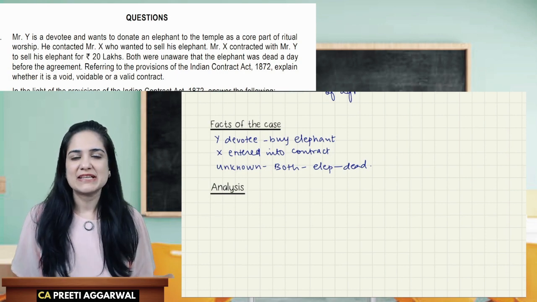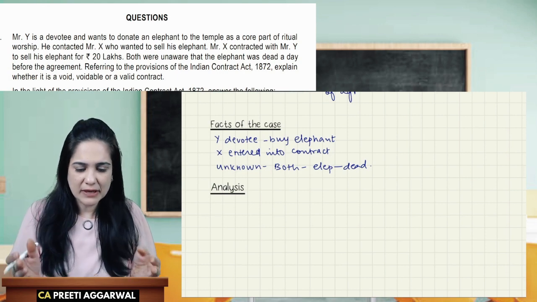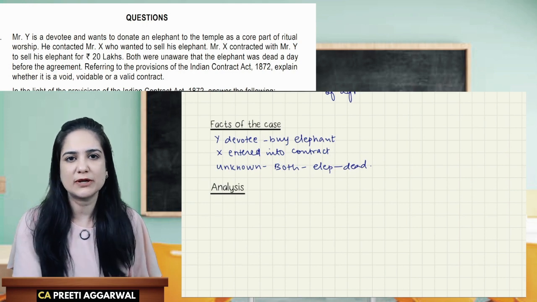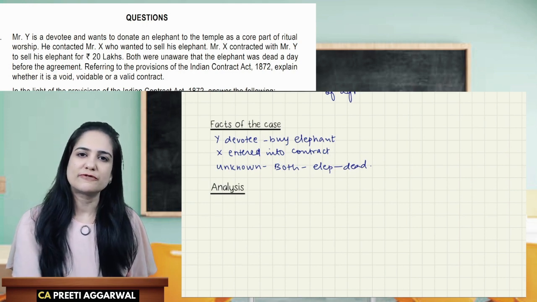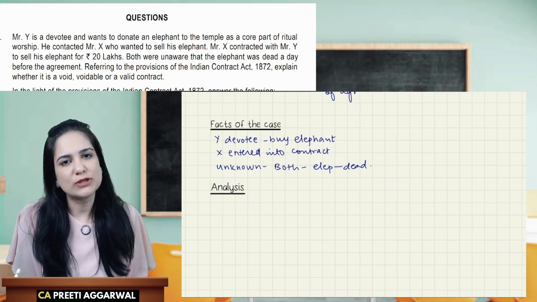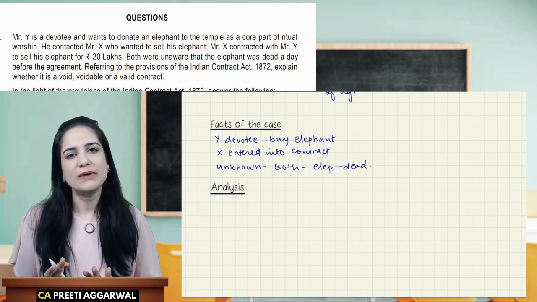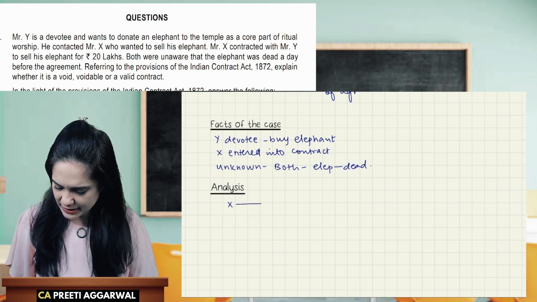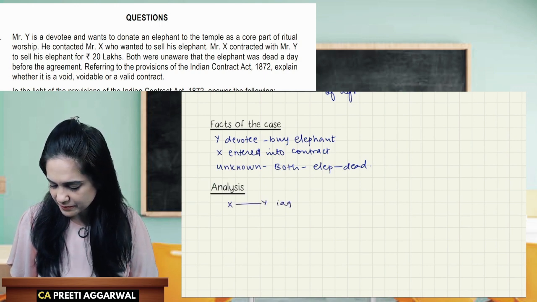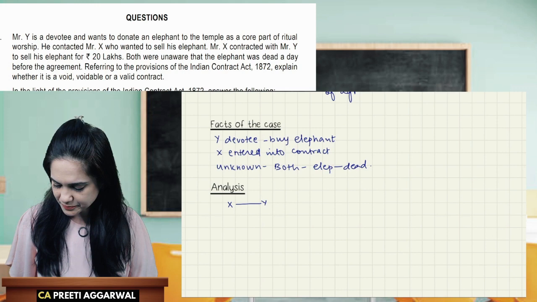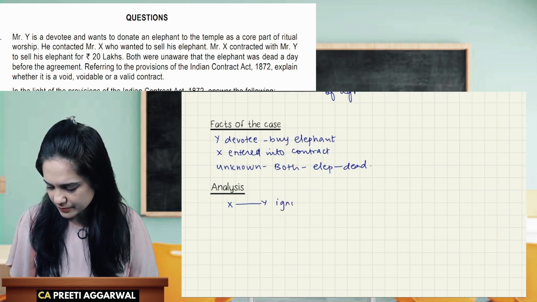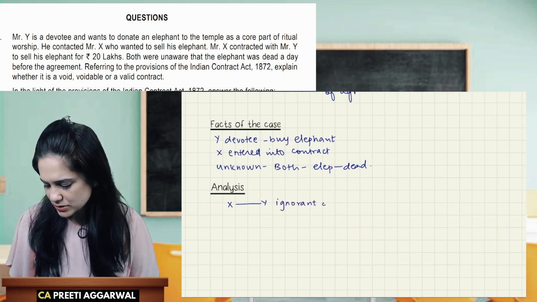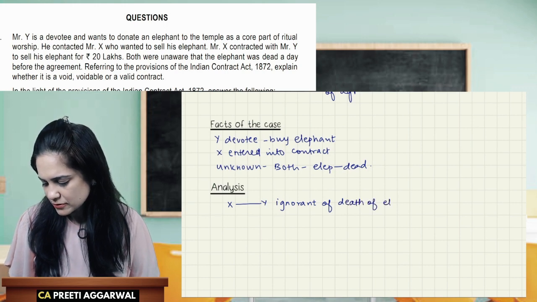Now, in this case, X and Y have entered into an agreement, but the performance is impossible. They are not aware of the non-existence of the elephant. The agreement is void ab initio. That is the solution. So you can write that X and Y entered into an agreement, but they were ignorant of the death of the elephant.